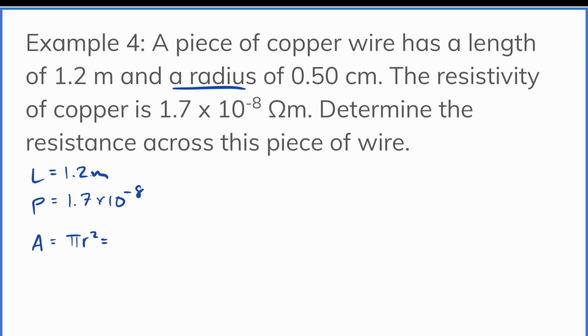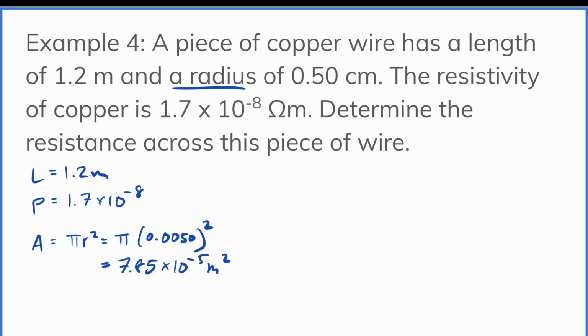Before you do any calculations with squaring and stuff, you definitely want to convert to the base unit, the meter, first. So we got pi times 0.0050 all squared. So the cross-sectional area of this wire is 7.85 times 10 to the negative 5 meters squared.